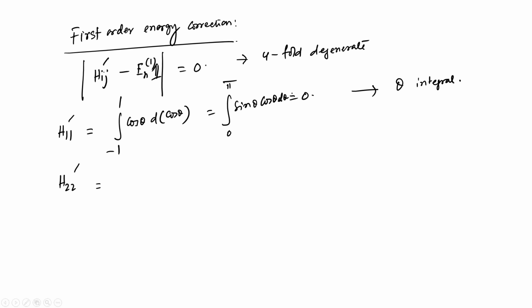So, this is there, and H22 prime will have minus 1 to plus 1 and a cos cube of theta d of cos theta. So, just take cos theta as some x variable. So, it is x cube dx from minus 1 to plus 1, that will again be 0, and similarly the H33 prime, again because of all these, the theta integral.